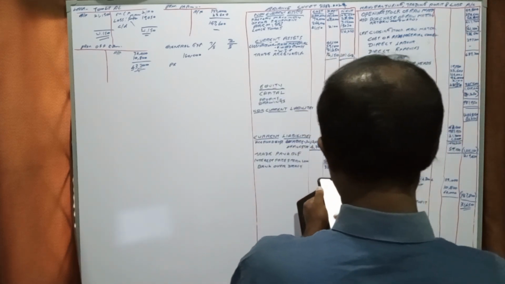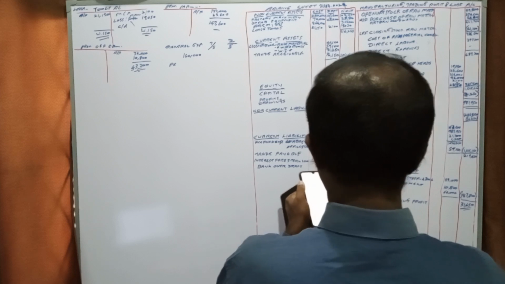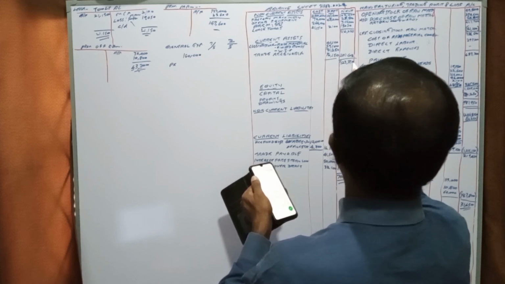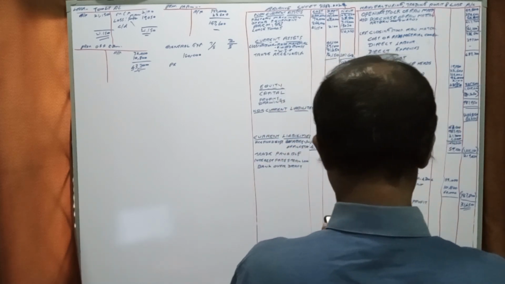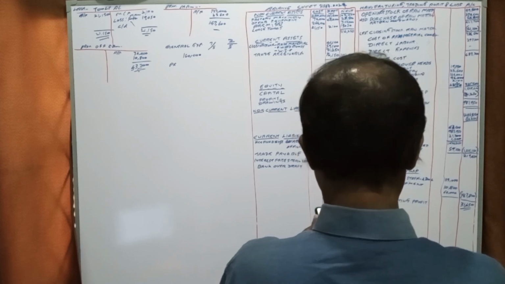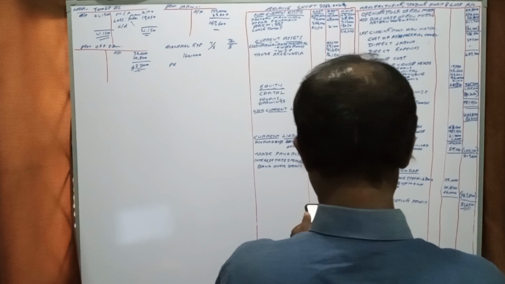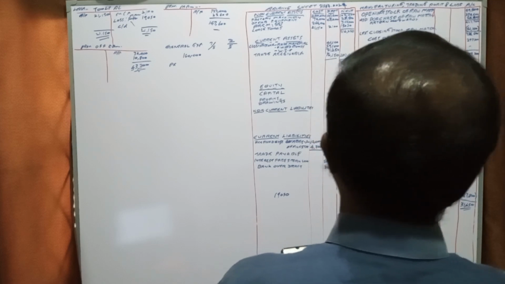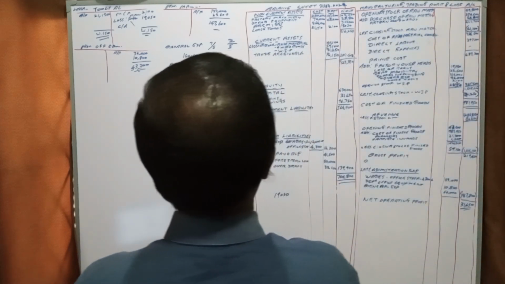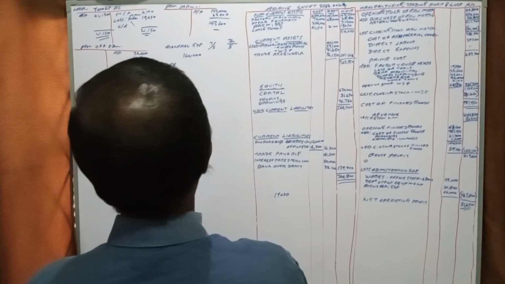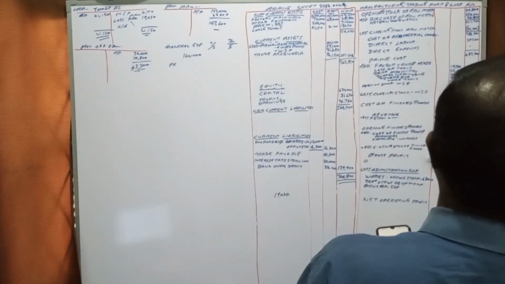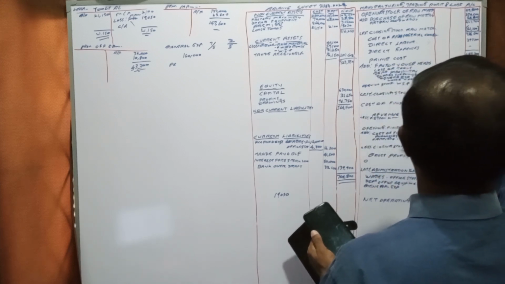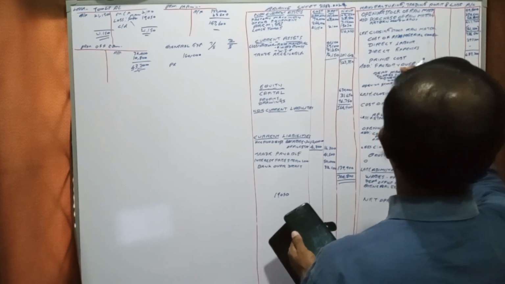Plus 516,250 is 723,850, right? The difference with 704,800 is 19,050. 19,050 is the loss of tools. I have put the loss of tools here, and I have to deduct that 19,050, right?